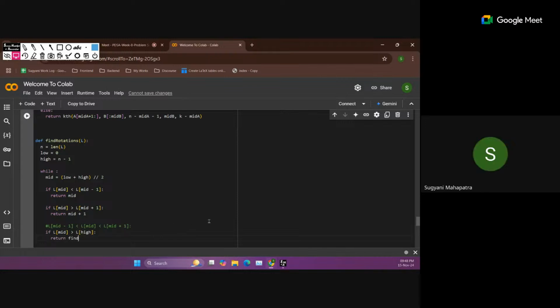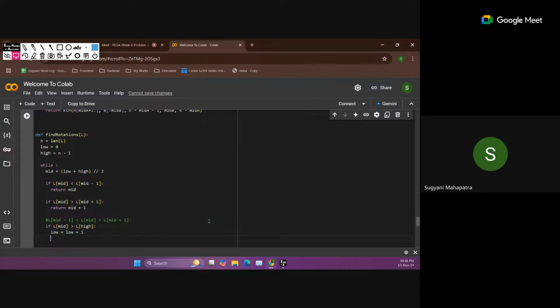So return find rotations of L, and since we are using a while loop, we should make low equal to mid plus 1. Yes, you're right.